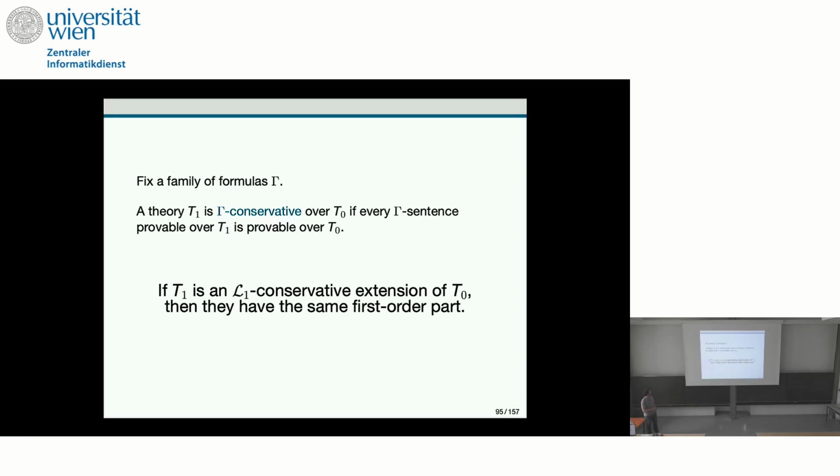If T1 is a conservative extension of T0 for the first-order sentences, then they have the same first-order part. The interest is to find a reference theory for which we already know the first-order part, and then when you analyze the theory T1, you just try to prove conservation over T0.